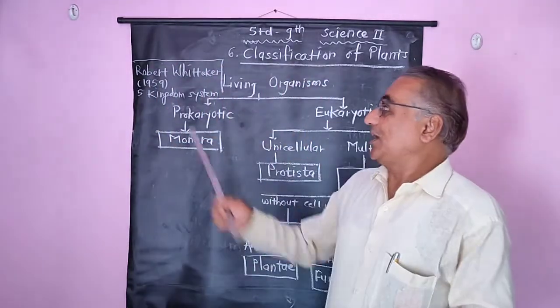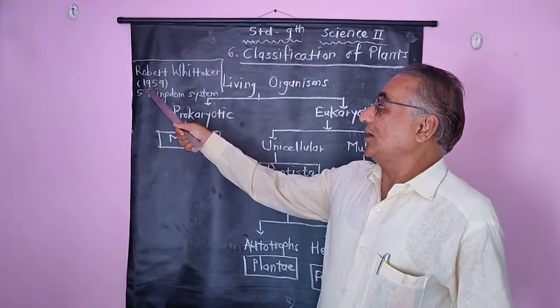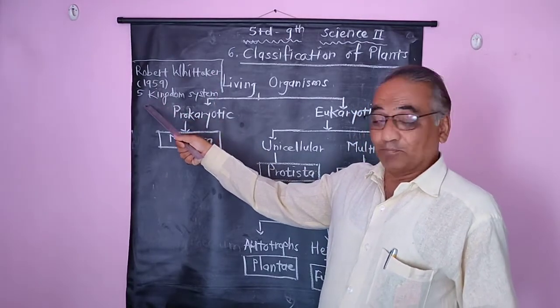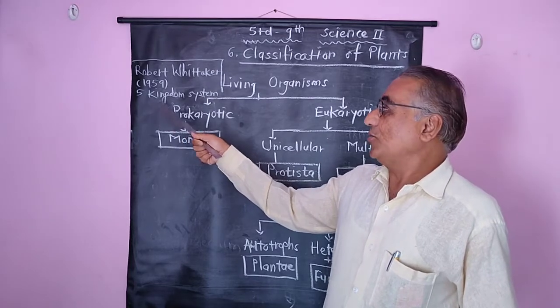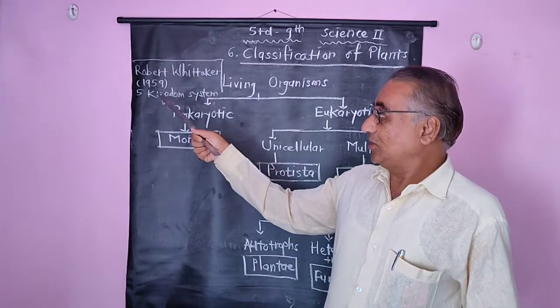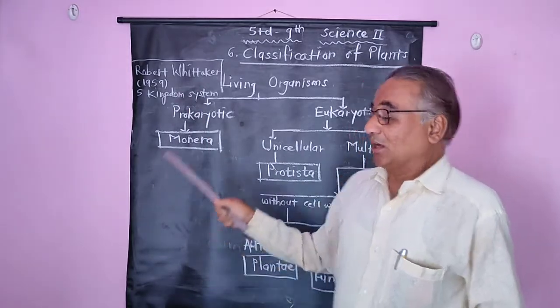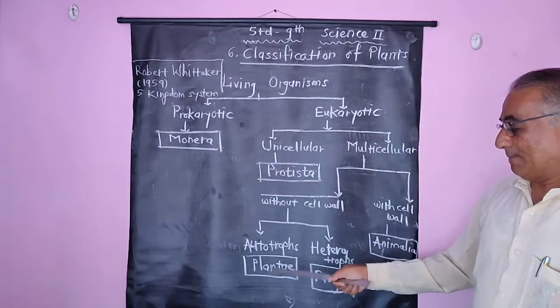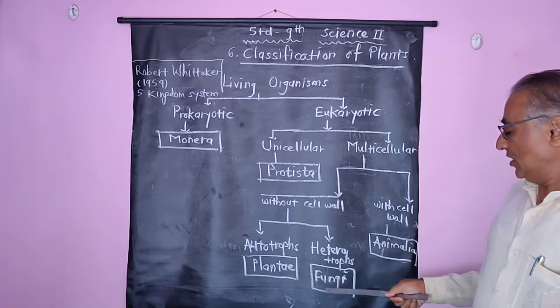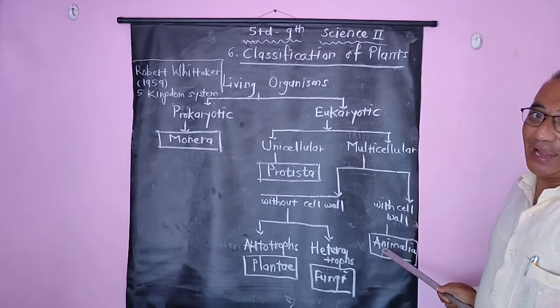What is the name of that scientist? Robert Whittaker in 1959 proposed a theory. The name of that theory is the 5 kingdom system. Now this 5 kingdom system consists of Monera, Protista, Plantae, Fungi and Animalia.